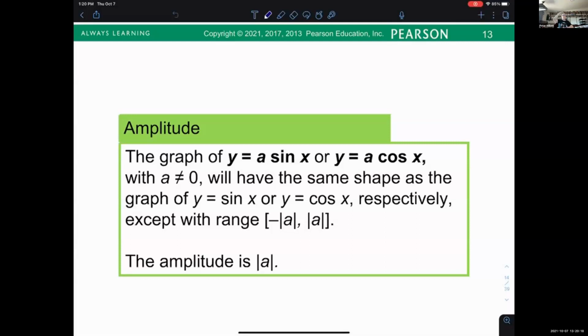Instead of going from -1 to +1, it now goes up to a and down to -a, whatever the amplitude is. So the a value in front gives you the size of the bumps, basically.